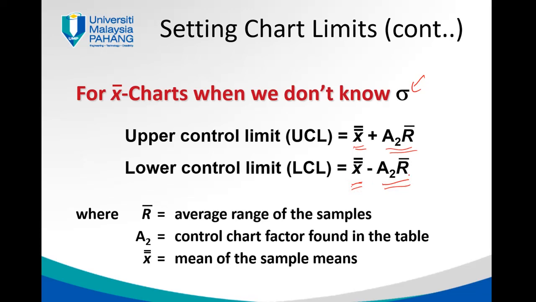R bar is the average range of the samples. A2 is a control chart factor found in the table, so we need to refer to the given table later on.